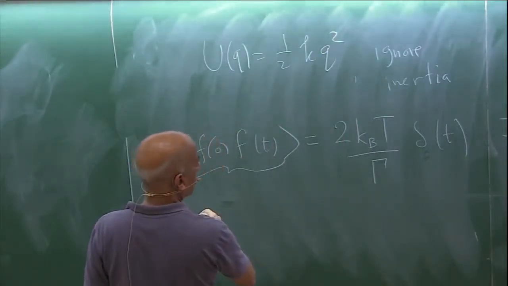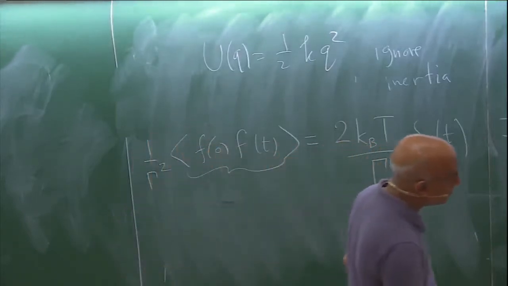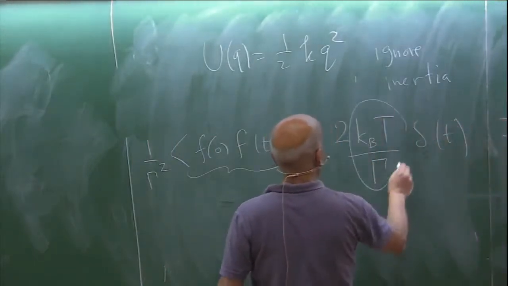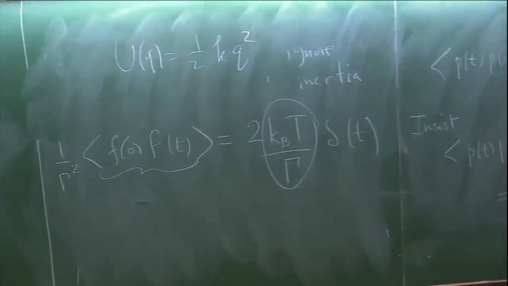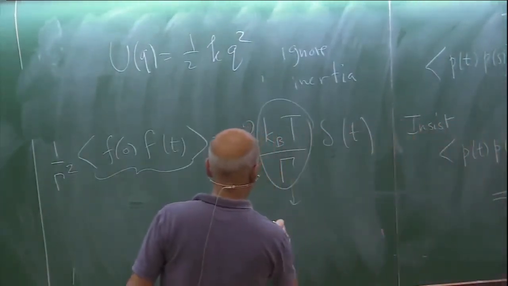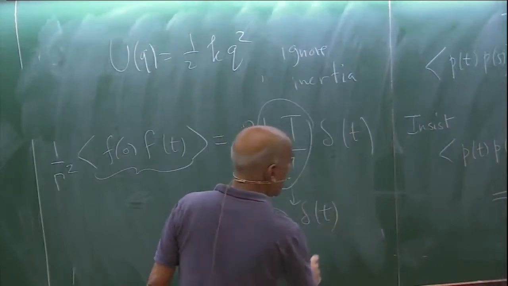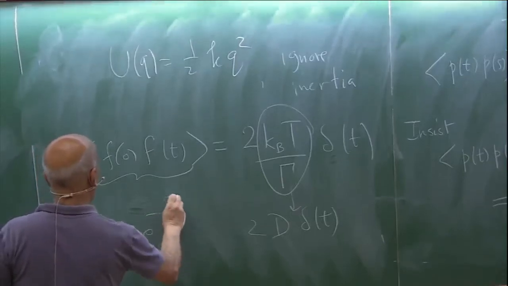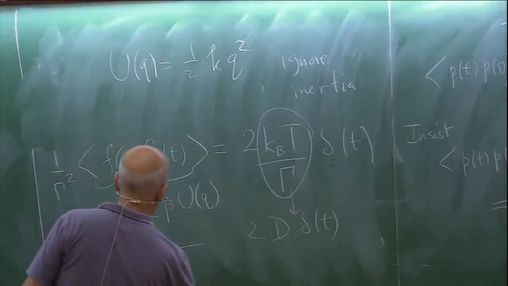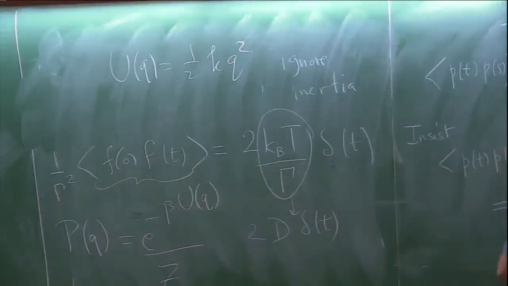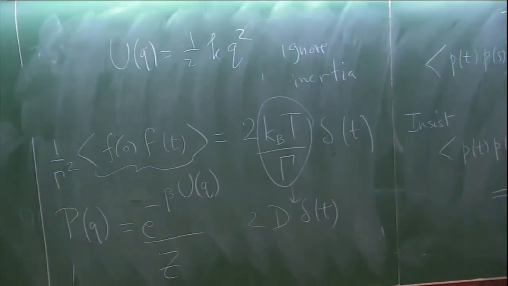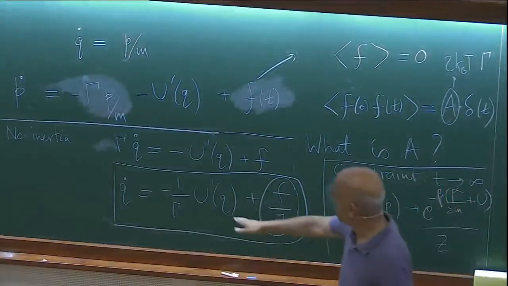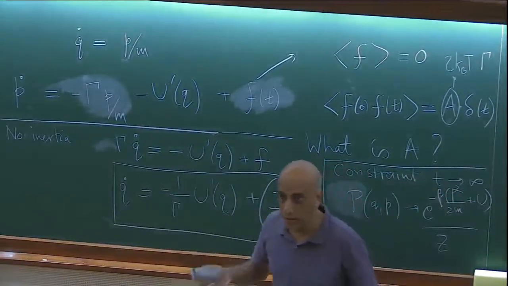I got it right. Yeah, it's fine. In other words, the noise on the position coordinate being equal to twice the conventional diffusivity ensures that the probability of q will be, take my word for it, even when you have both a potential and inertia, the same thing works out. And it works out for arbitrary potentials because the derivation didn't really depend on it.